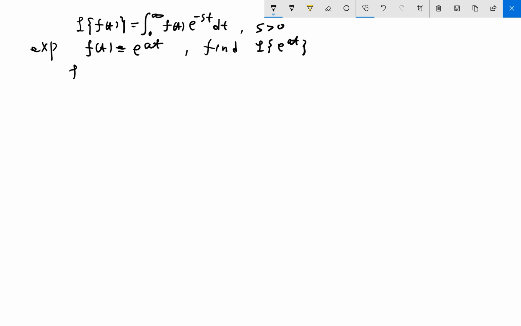By definition, the Laplace transform of e to the at is equal to the integral from 0 to infinity of e to the at times e to the negative st dt, which is e to the (a minus s) t dt. Here, s must be bigger than a.